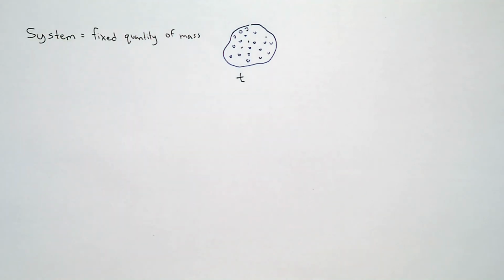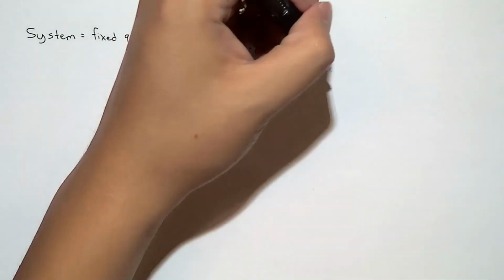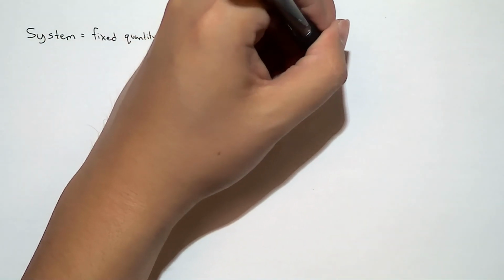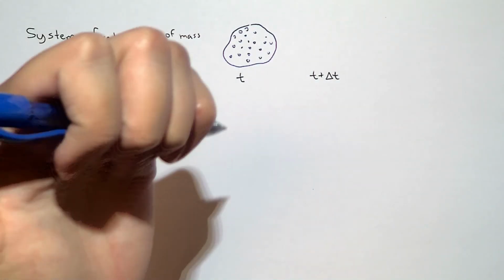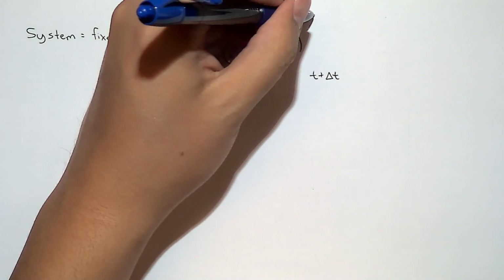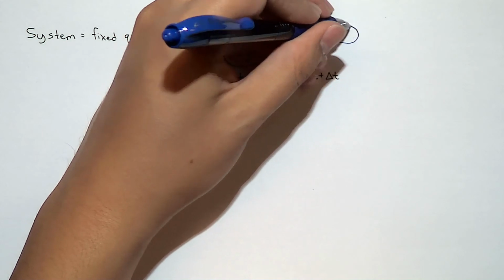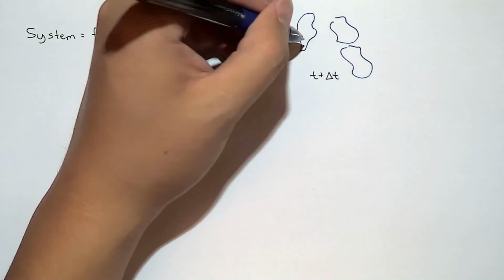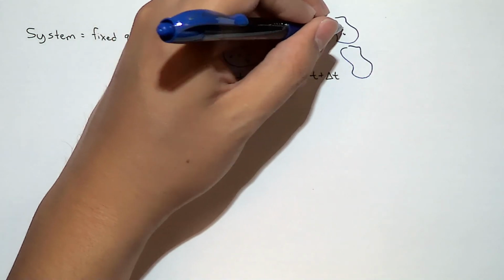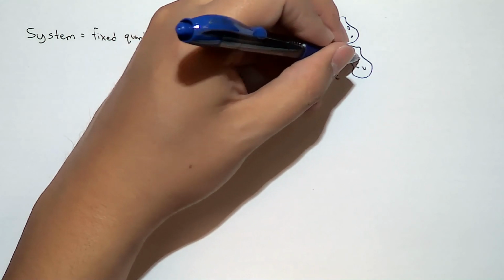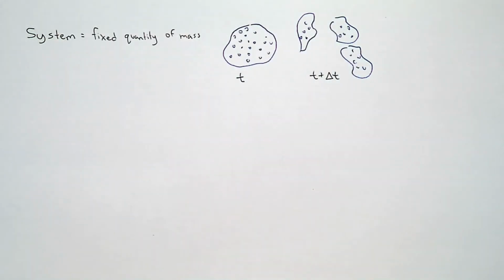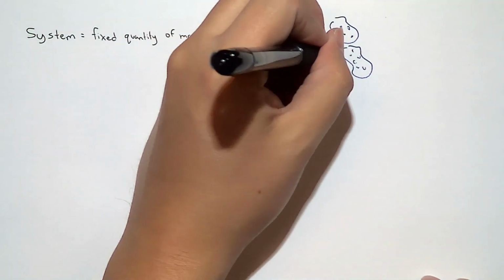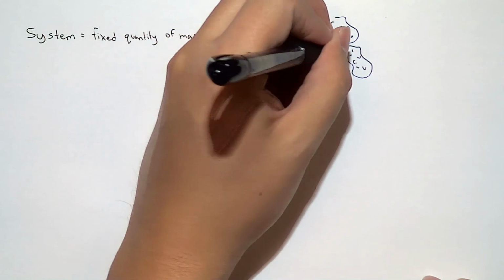Time equals t. But then at time equals t plus delta t, my fluid particles have moved elsewhere. Perhaps they have mixed with other fluid particles. I'm going to write the other ones as simply these darker colored fluid particles.